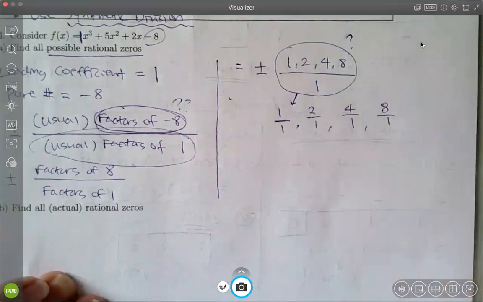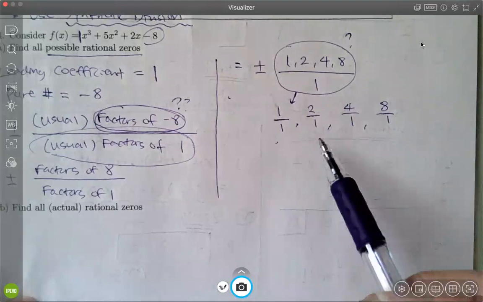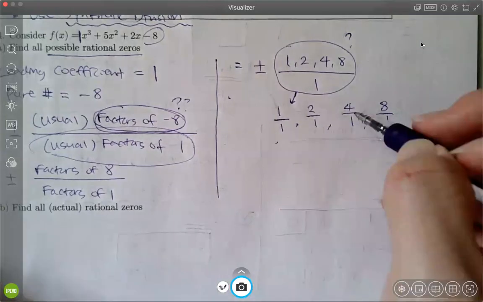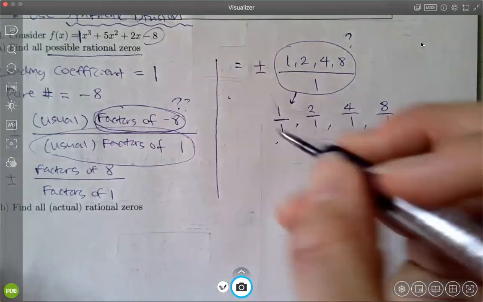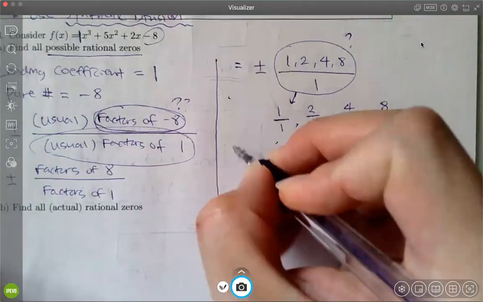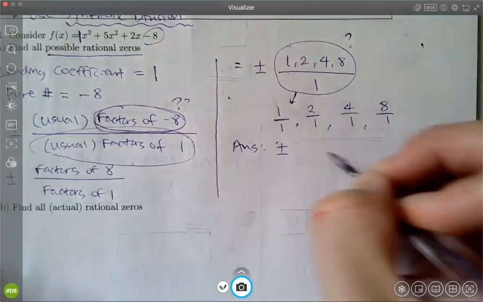Okay, so basically, what does the comma mean? It's or, right? Okay, it's 1 or 2 or 4 or 8. And then all over 1, right? Okay, so it means this one. Now we can simplify each fraction, right? And what do you get? 1, 2, 4, 8, right? Okay, so what is the answer? The answer is plus minus 1, 2, 4, 8, right?